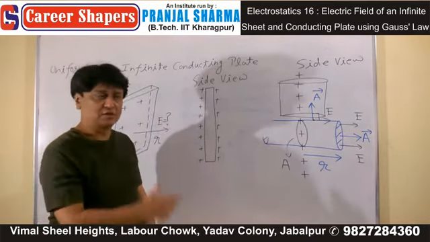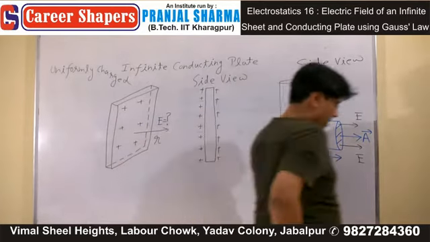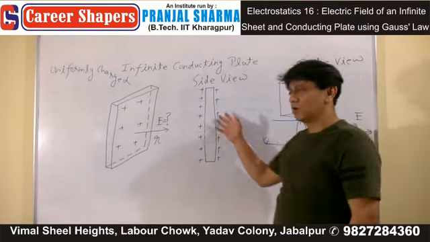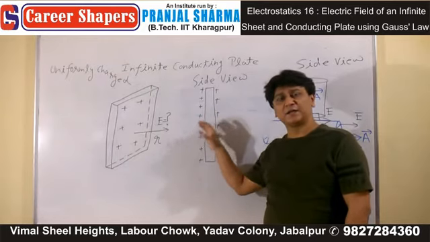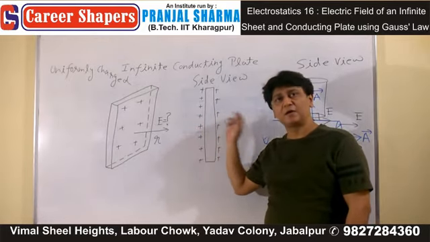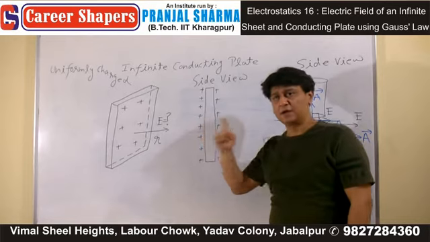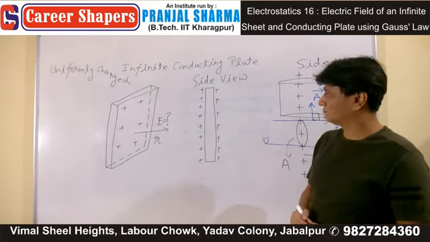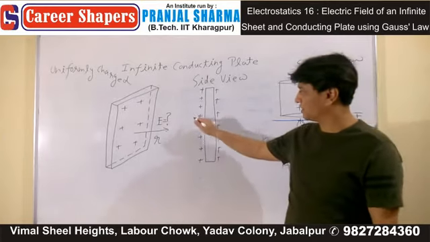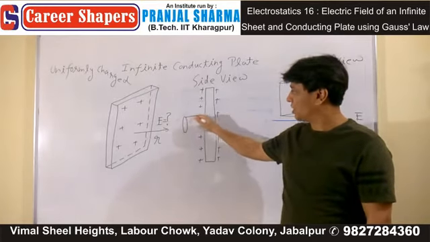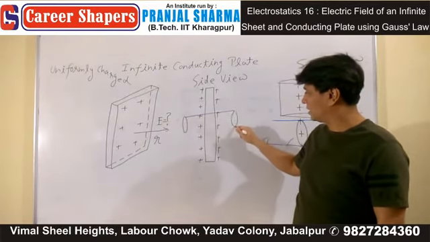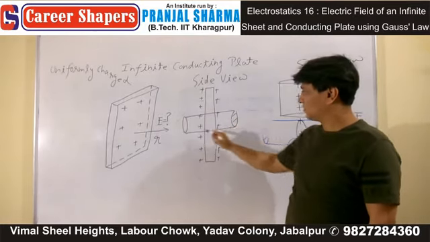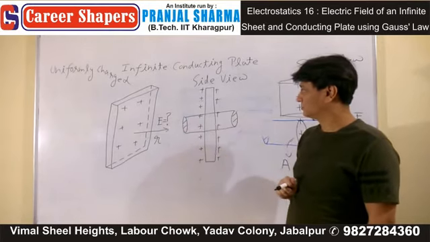Now, if they ask you this question in board or school, you write all these points. It's a conductor, there can be no electric field inside, there can be no charge inside. Draw this. Once you have drawn this, the next thing is very easy. This is your cylindrical Gaussian surface. These are the flat portions.